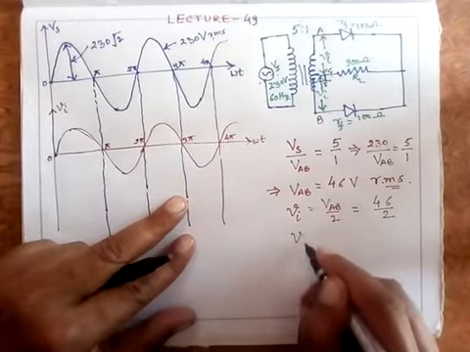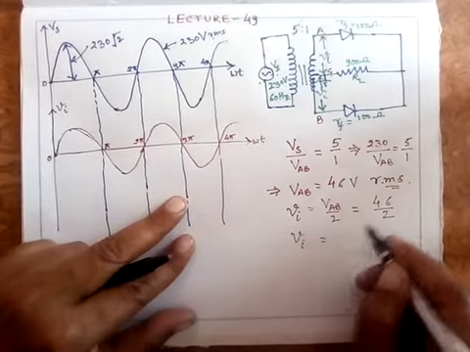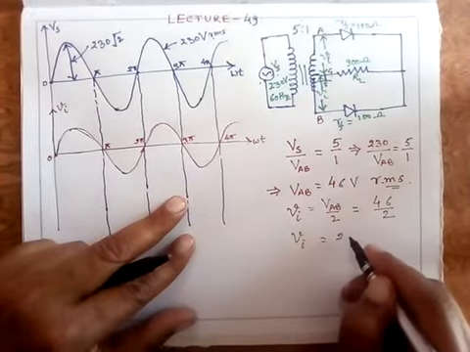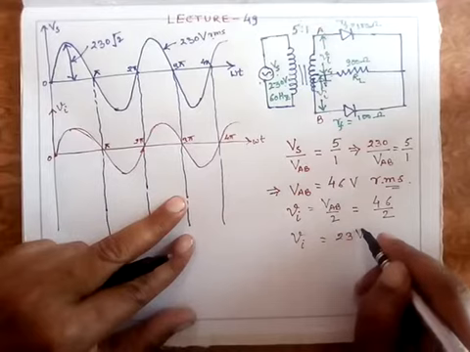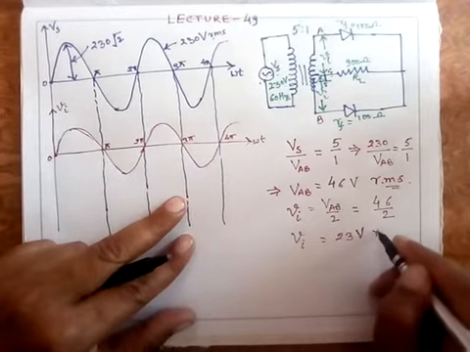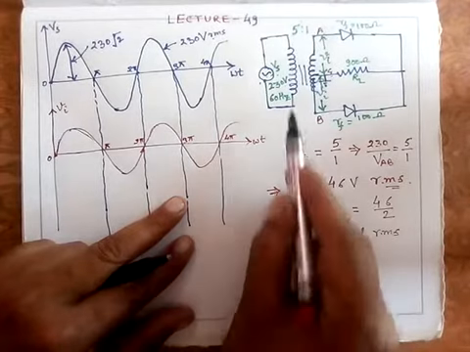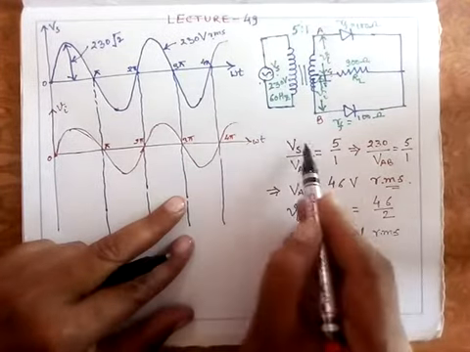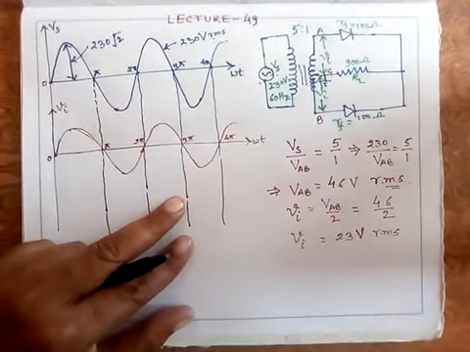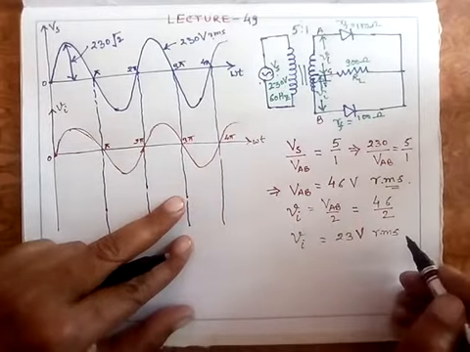So the value of VI which I will obtain is 23 volt, but remember that it is an RMS value. It is not the maximum value, because what I am dealing with here is the RMS value. So naturally at the output you will also get an RMS value here.